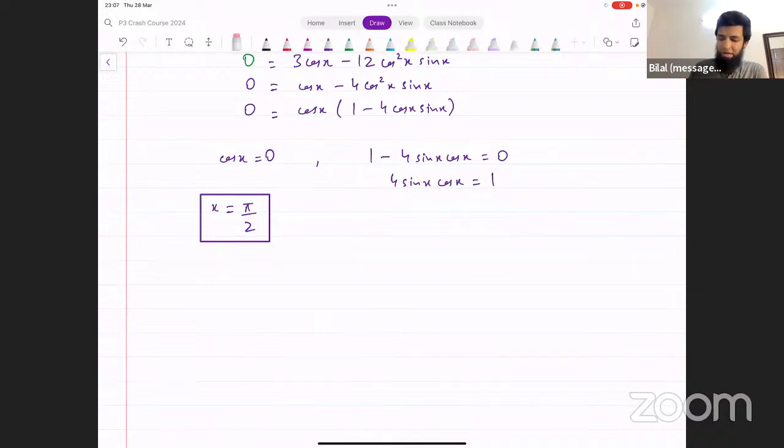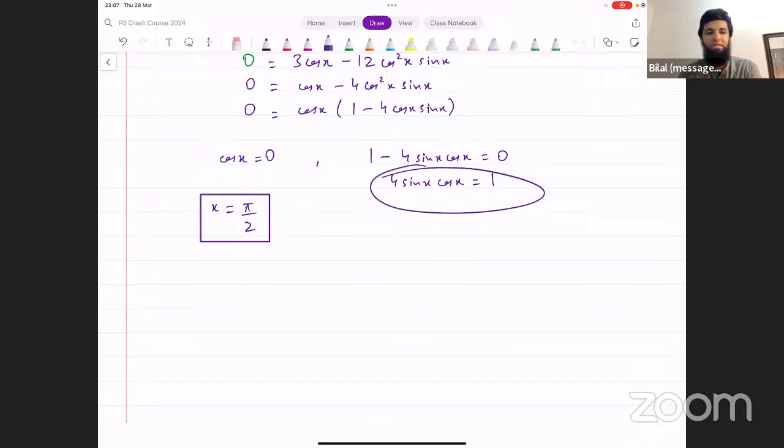Now the problem is, how do we solve the other equation? Remember the rule that we discussed in trigonometry. When we are solving trigonometric equations, we need two things to happen. One, there should be only one type of value. In this case, we have x and we have x, so that condition is satisfied.